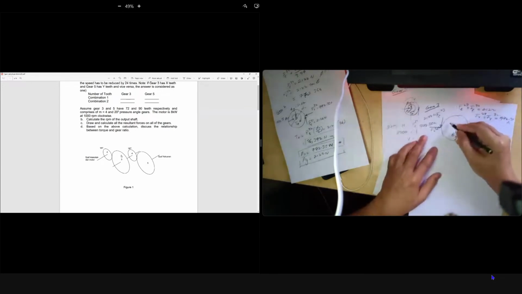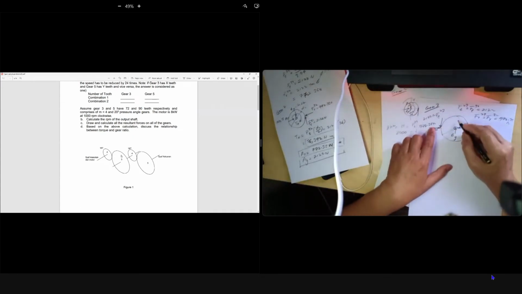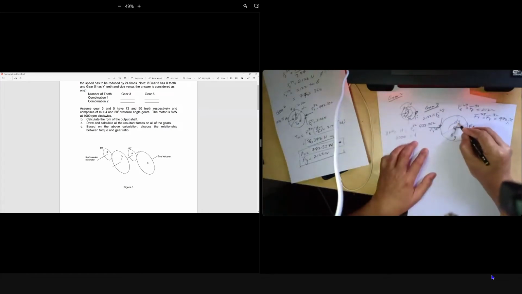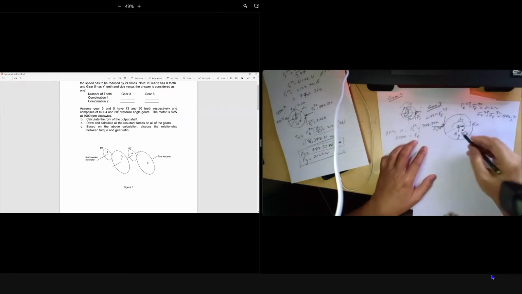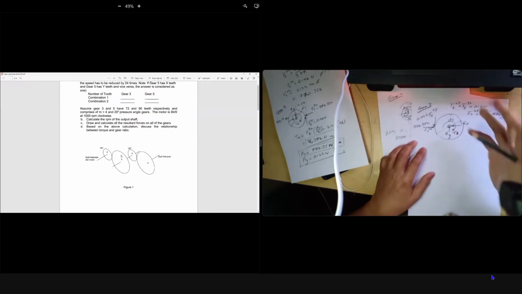This one on your left produces this. The F tangent times the diameter of your gear 3, times the radius of your gear 3, produces counterclockwise direction, but your torque reaction will be reversed, so torque B should be clockwise. Clear? Since F tangent times the radius produces counterclockwise, your reaction must be counter. The torque direction, or you can call it moment also, goes clockwise.